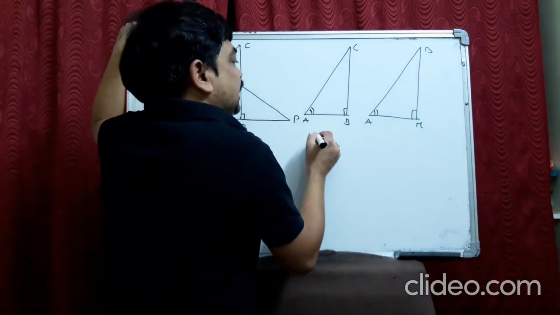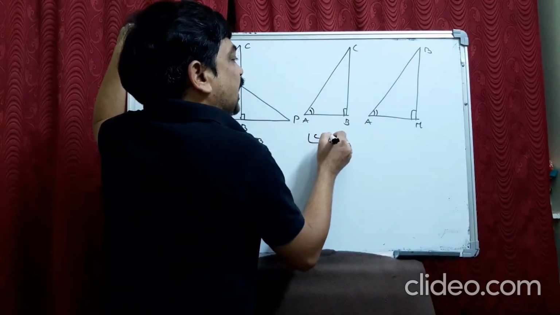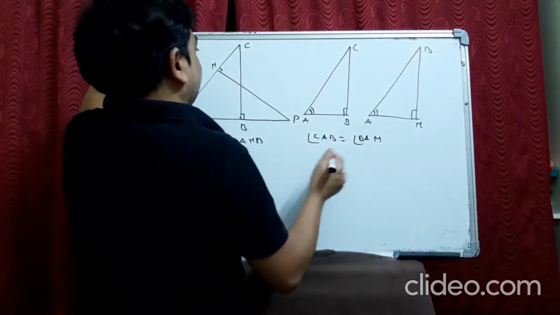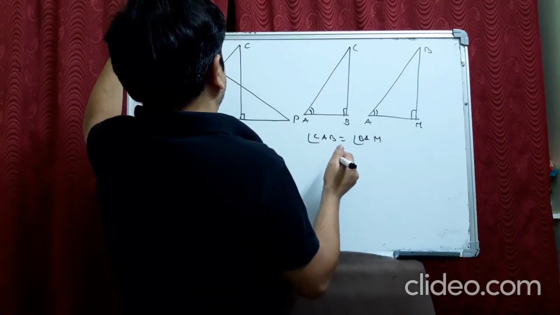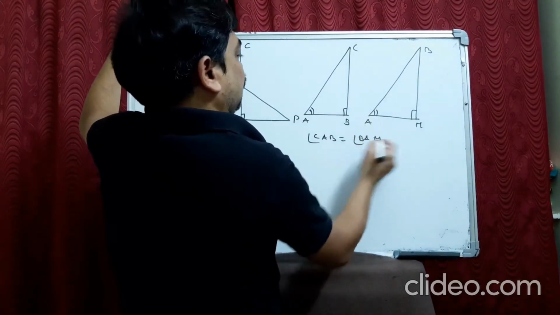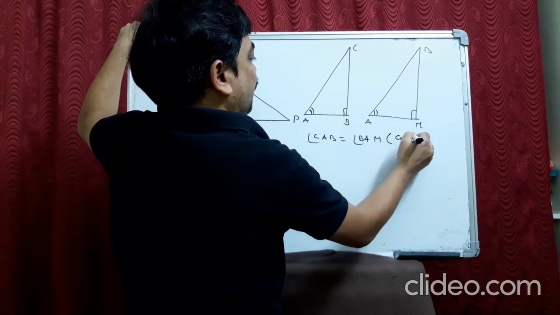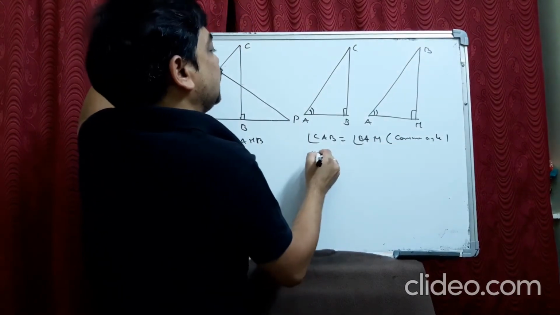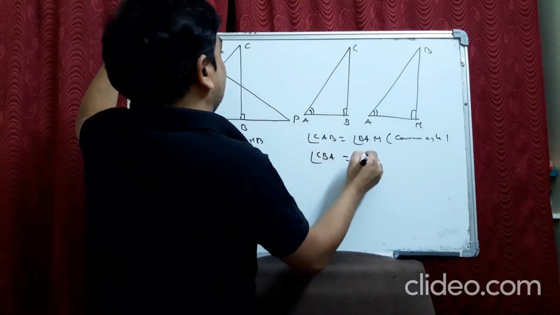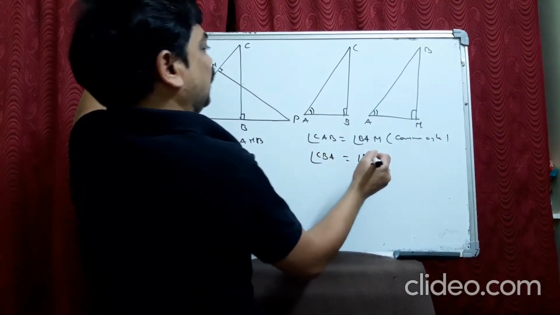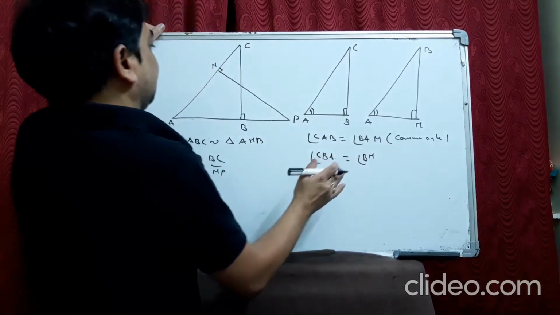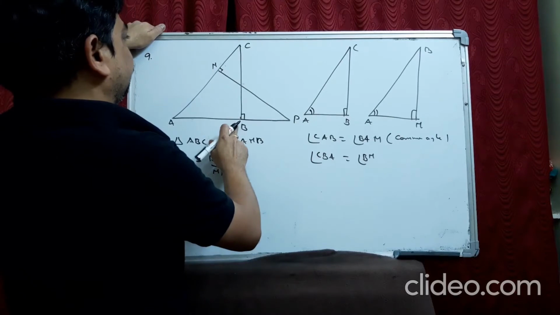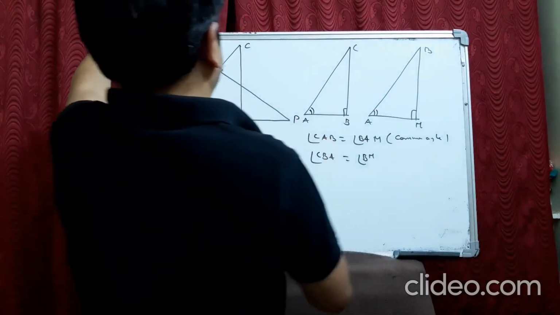Therefore, angle CAB is equal to angle PAM, the common angle.